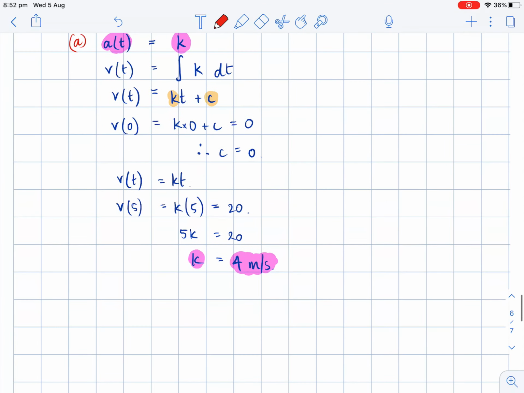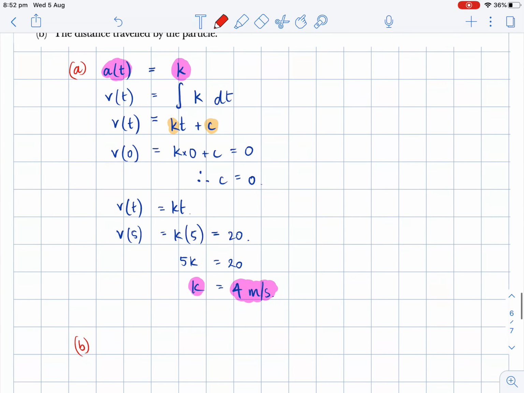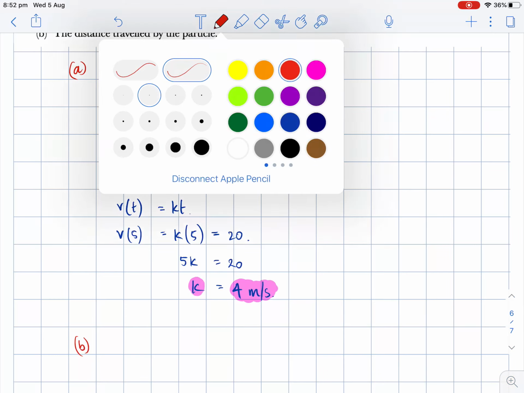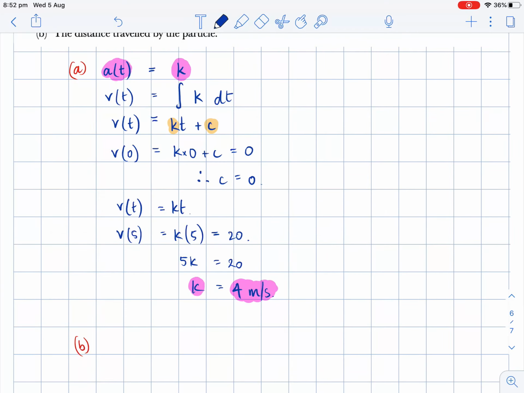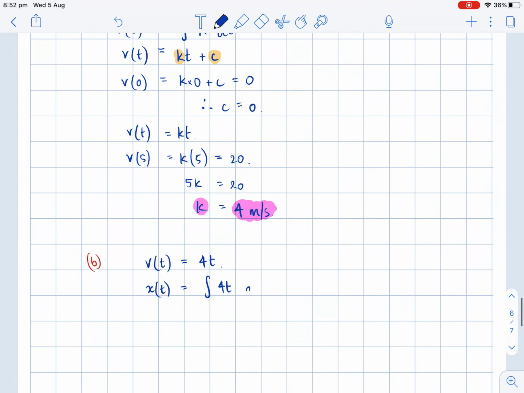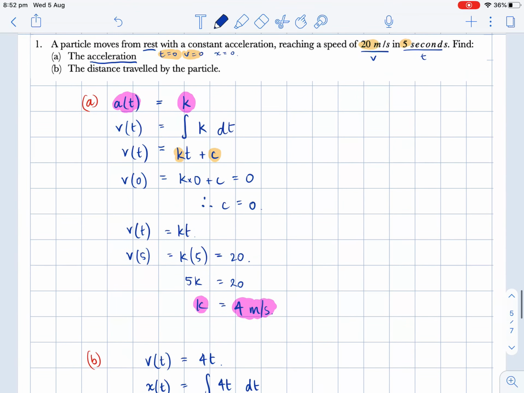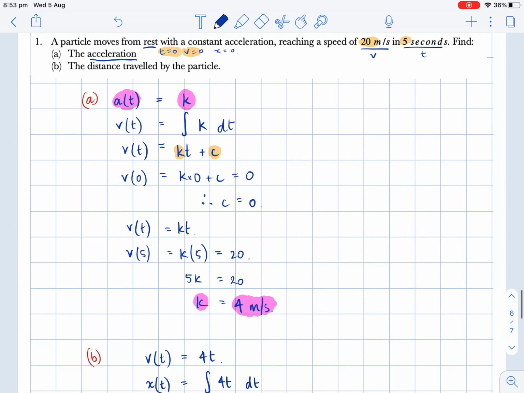Now the second thing we need to do is find the distance travelled by the particle. So same thing again, we're going to use integration. If I now know that v of t equals 4t, then the displacement with respect to time will be the integral of 4t, and we want to find out what that integral is if it's travelling for 5 seconds.